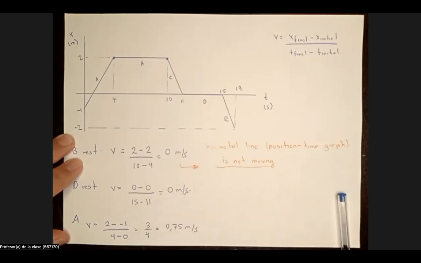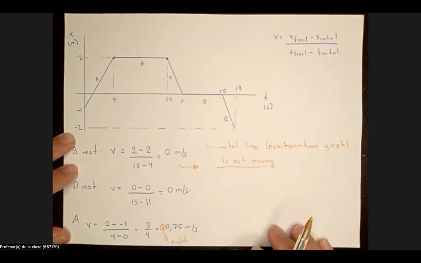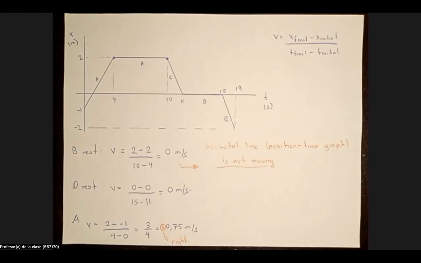Look at the positive sign here. For me, I choose positive sign to mean right. The object on interval A is moving in the right direction.